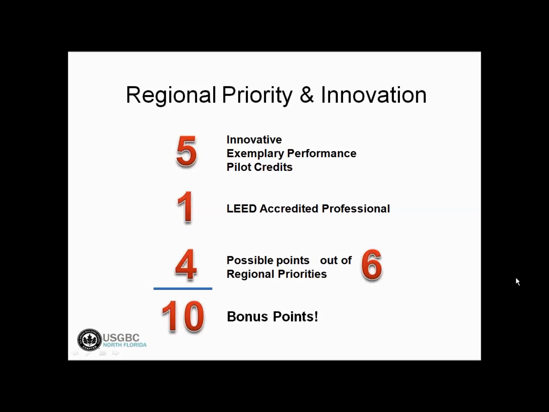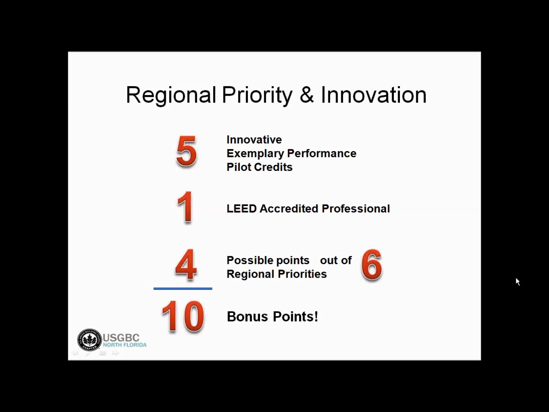Get to 30% water use reduction, or 25% or whatever it is, and we're going to give you an extra point. So you get your normal points, and you just get a bonus point for doing those things, up to 4 of them out of the 6. Even if you did all 6, you only get 4. You don't have to do anything else, it's just a bonus point for these things if you happen to achieve them.